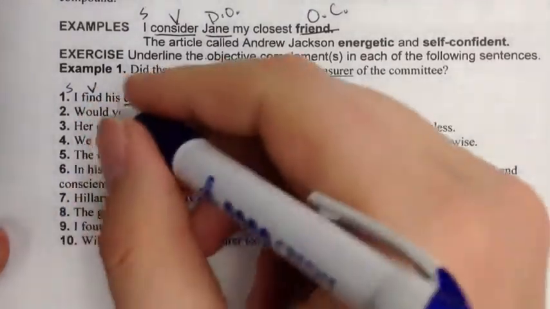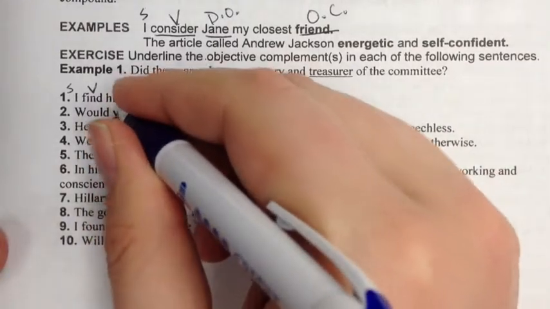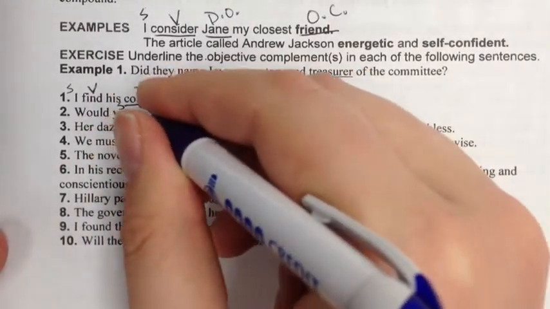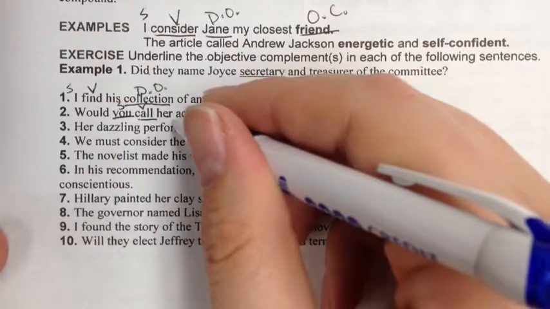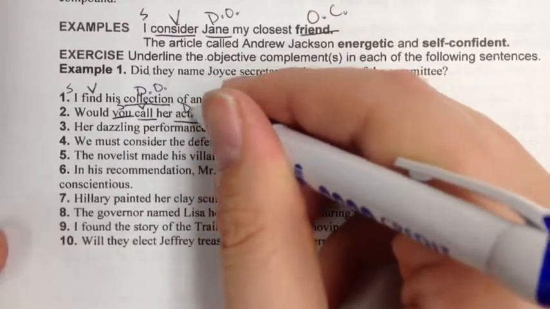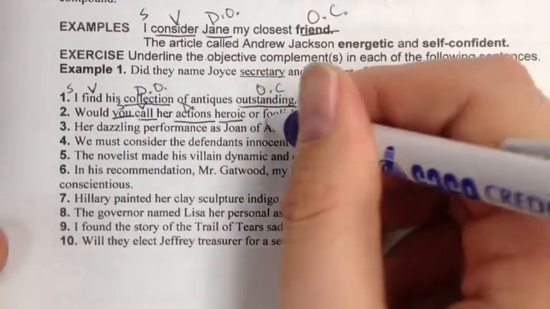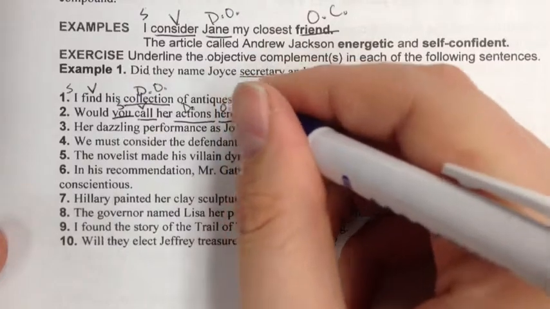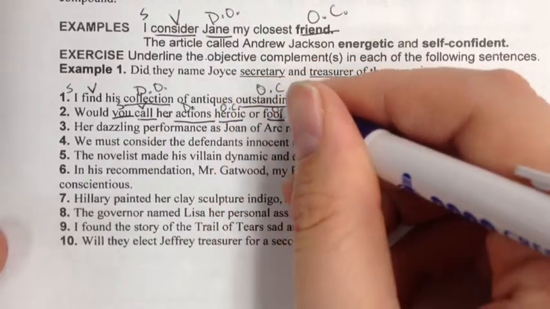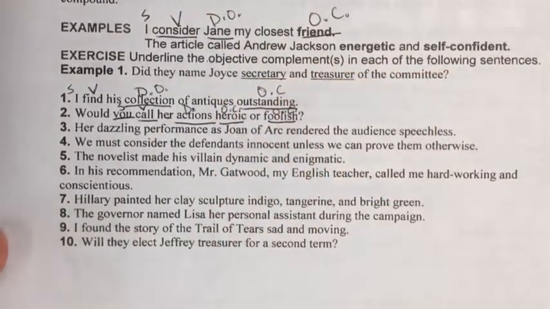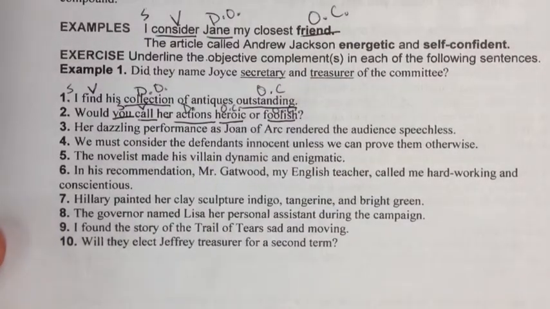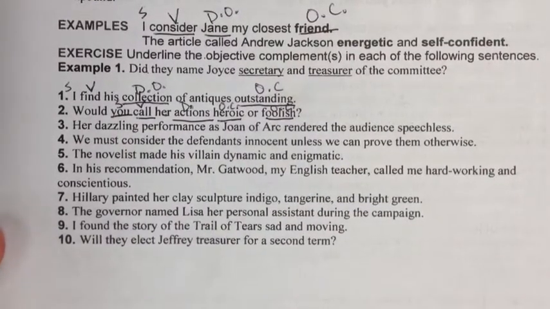Number 2, would you, subject, call, verb, her actions, here's our direct object, heroic and foolish. Both heroic and foolish describe how the verb was done to the direct object. They explain how you might call her actions.